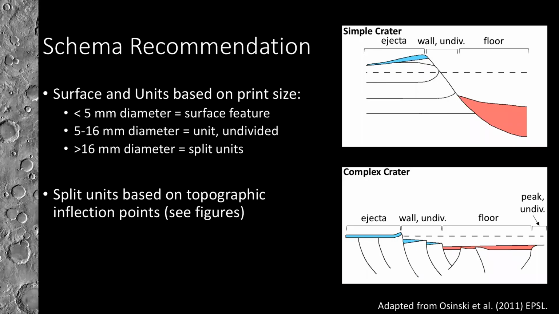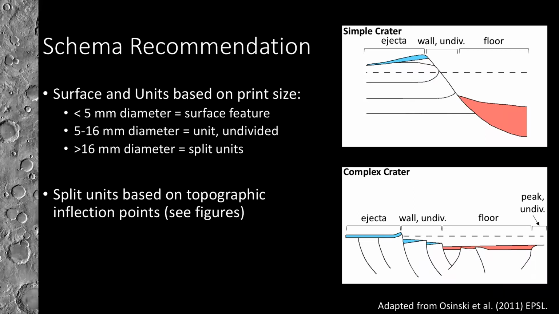So this schema recommends surface features and units based on the print size. That allows for standardized representation of craters regardless of body and scale. For example, craters that are smaller than 5 millimeters in diameter, or about the width of a pencil eraser, you can't really distinguish much about the crater, but you can identify it.